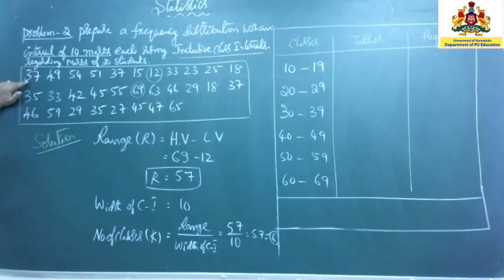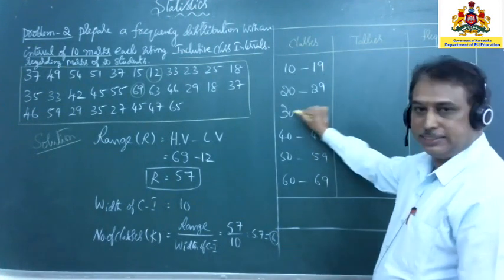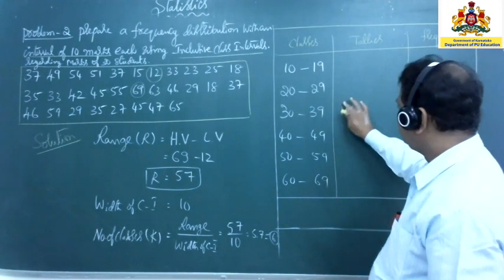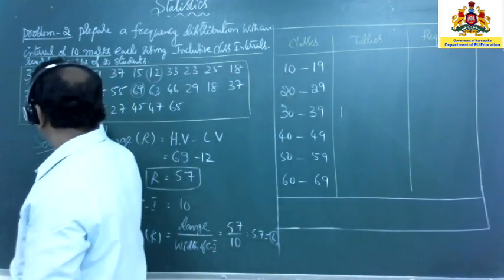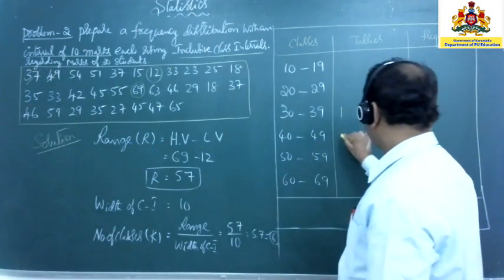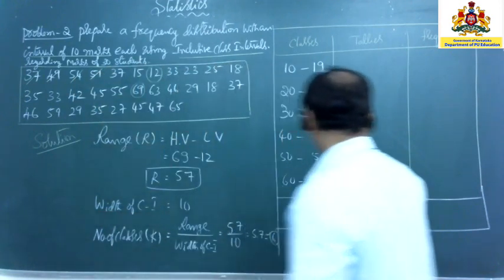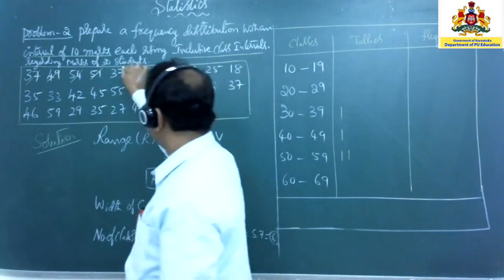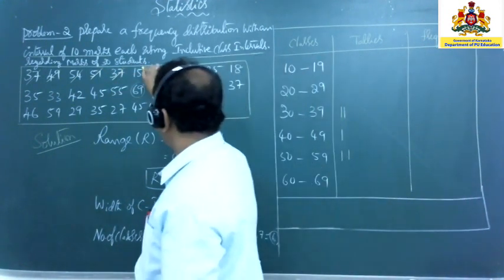Now you have to start the tally marks. The first value is 37. 37 lies between 30 to 39. Next, 49. Next, 54 and 51, 54 here, 51 is also here. Next, 37. Next, 15.